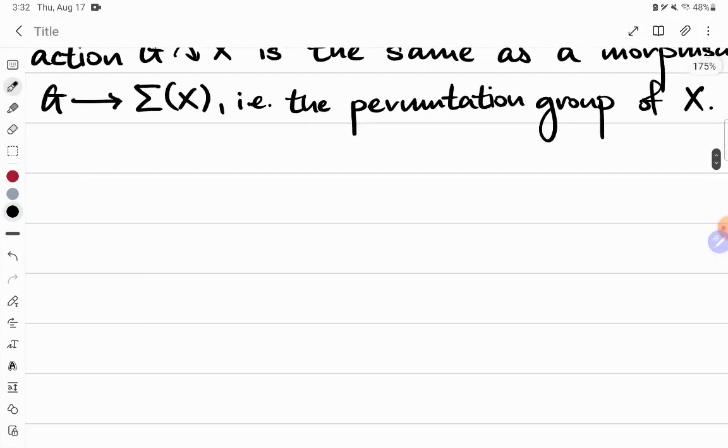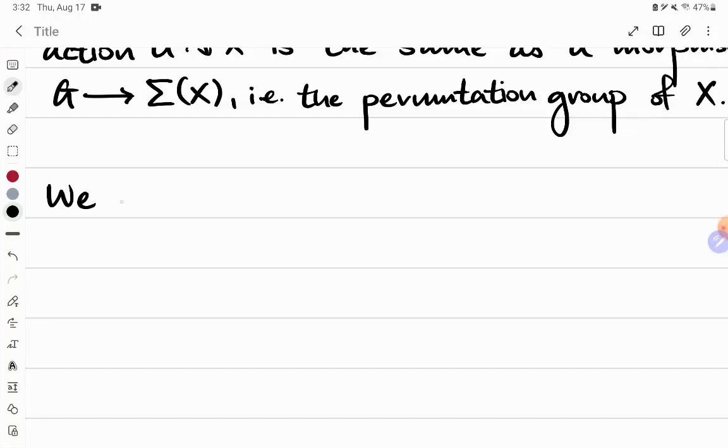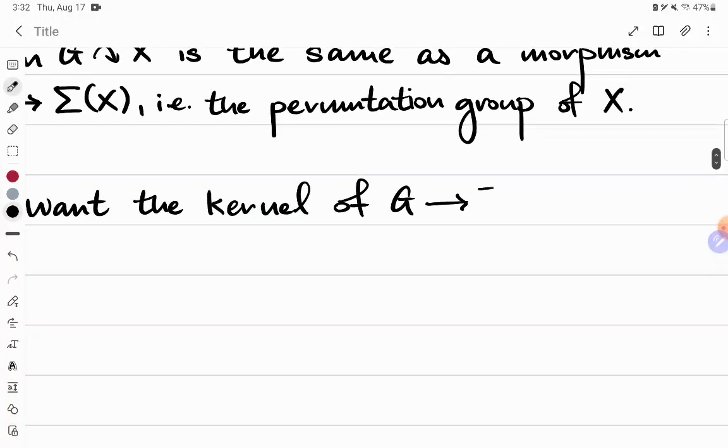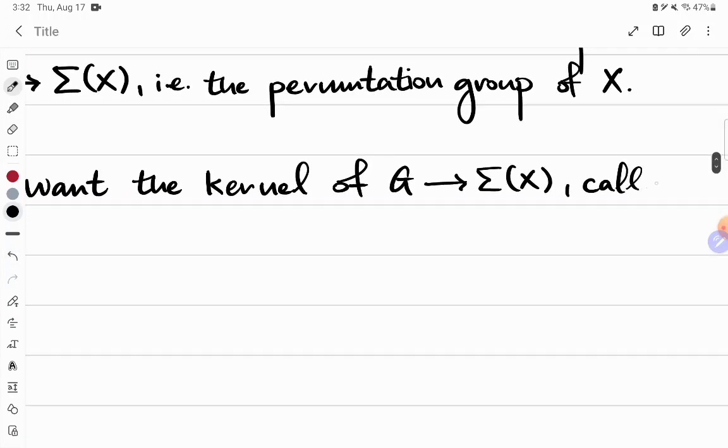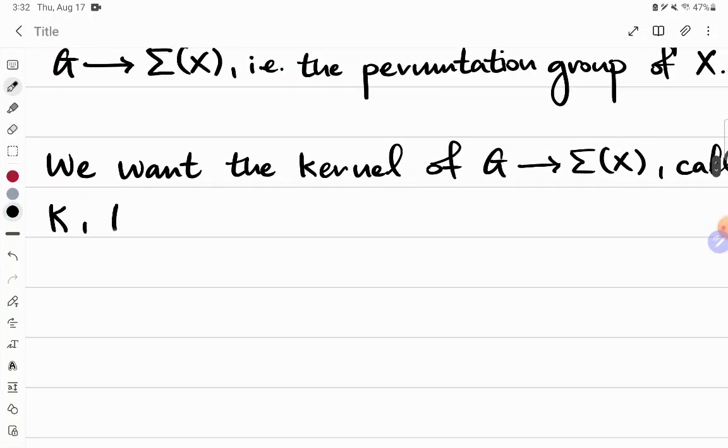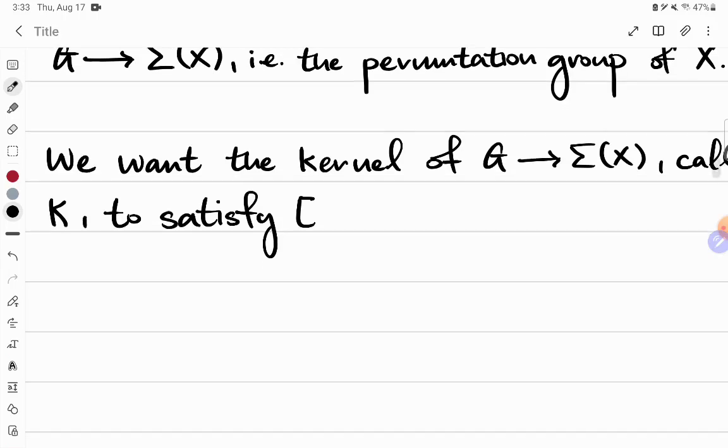Okay, so we would like the kernel of the morphism from G to the permutations on X, let's call it K, to satisfy the index of K in G dividing n factorial, right?